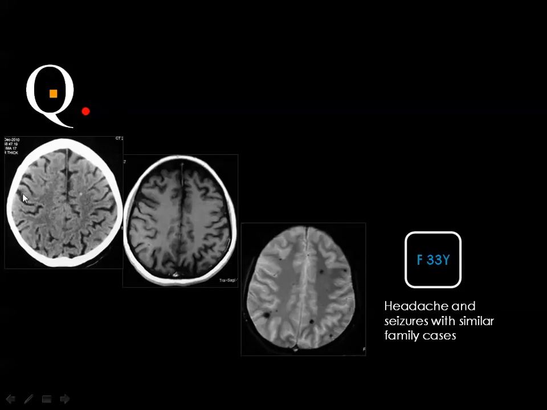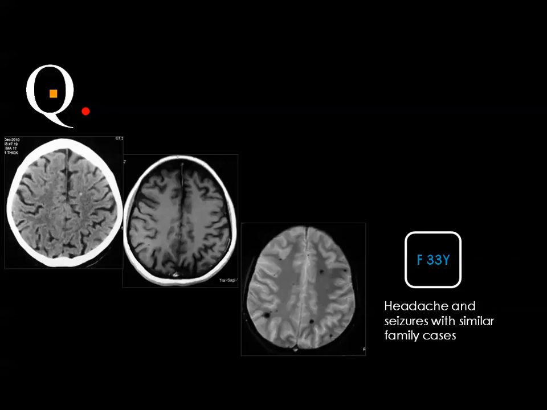CT, MRI T1, MRI T2 star or gradient image. Is there any history of trauma here? Yes. A few moments ago I said that diffuse axonal injury is not diagnosed without a frank history of trauma.